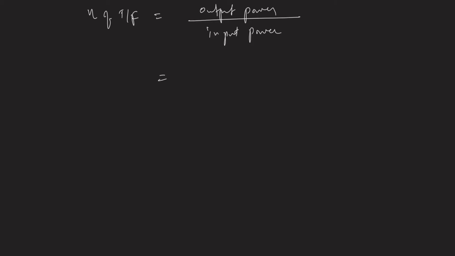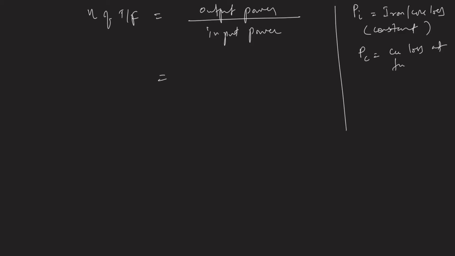Now if I define the iron loss component, core loss or iron loss, by Pi, which is actually a constant throughout the operation, and PC is the copper loss at full load condition, right?